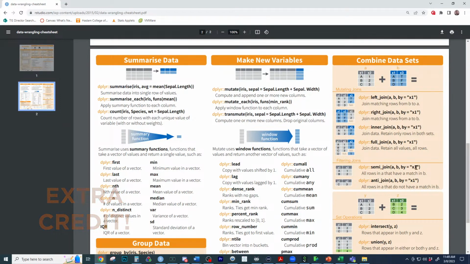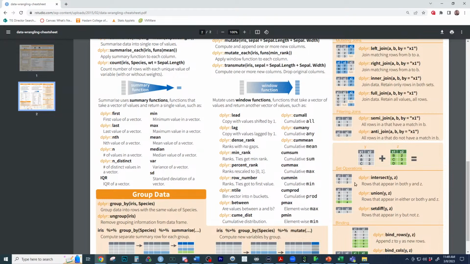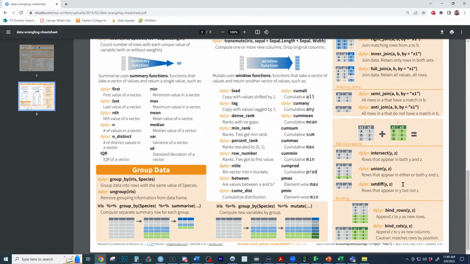But semi-join, no. All rows in A that have a match in B. Well, that's not bringing in the B data. Wait. Oh, wait. Intersect, no. Binding. Well, we don't want to call bind. Column bind just puts columns next to each other. That's not what we want to do.